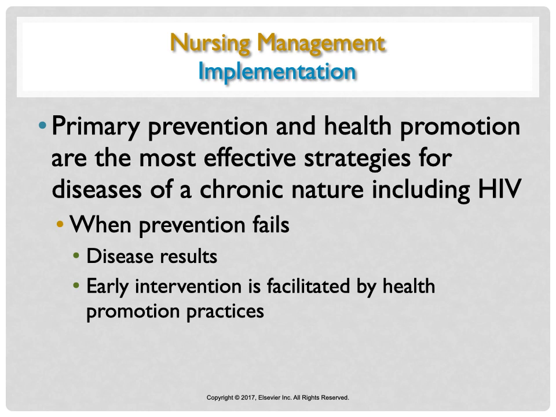The primary prevention and health promotions are the most effective strategies for diseases that are chronic, like HIV. So when prevention fails and disease resolves, early intervention is facilitated by health promotion practices. As with most chronic and infectious disease, primary prevention and health promotion are the most effective healthcare strategies.